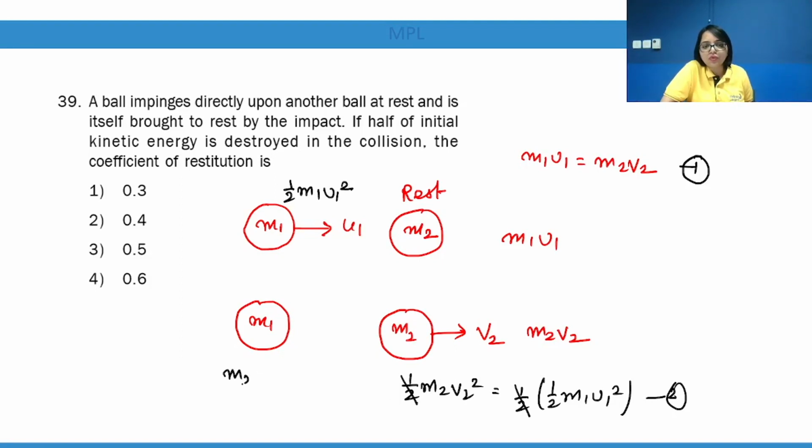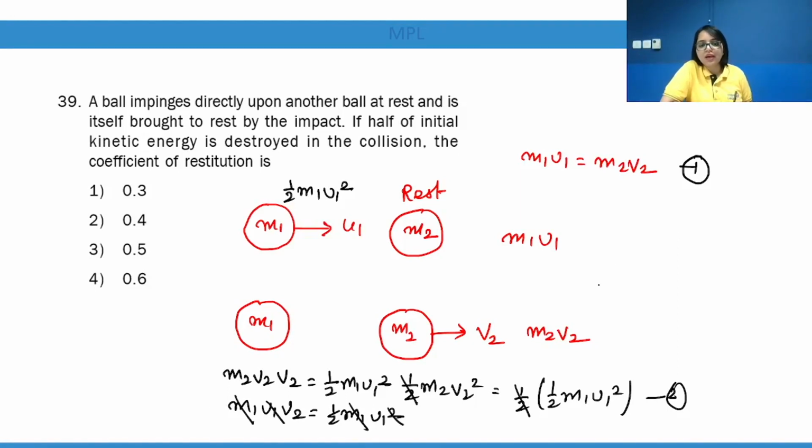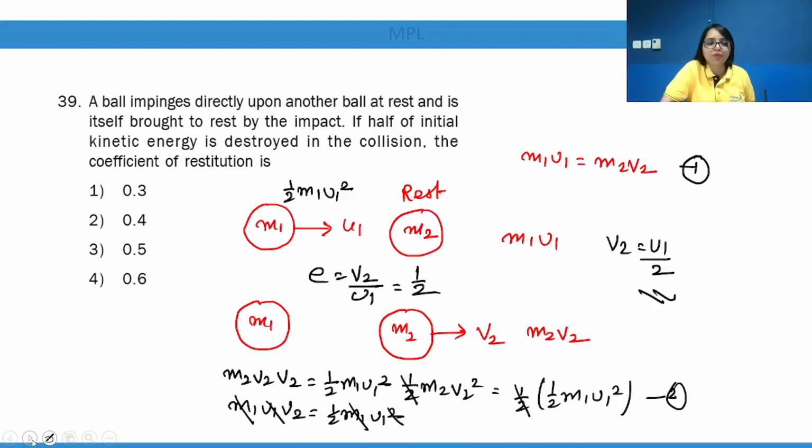So I'm putting m2v2 into v2 as half m1u1 square. m2v2 is m1u1. So it is m1u1 v2 is equal to half m1u1 square. So m1 will cancel this m1, u1 will cancel this u1. So basically we have v2 is equal to u1 by 2. Right, the coefficient of restitution in this case will be v2 by u1. So v2 by u1 will be 1 upon 2 using this equation. So the coefficient of restitution will be 0.5, which is option 3.